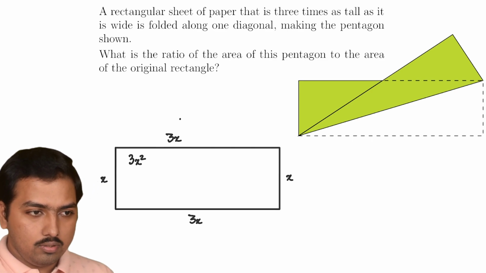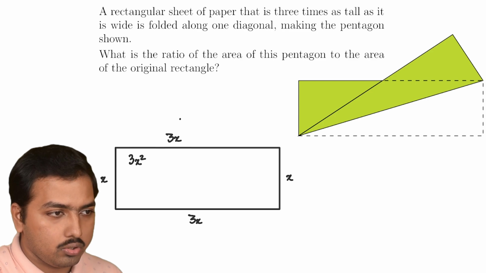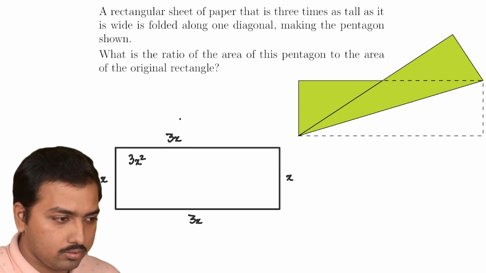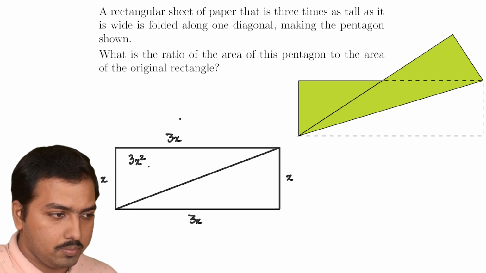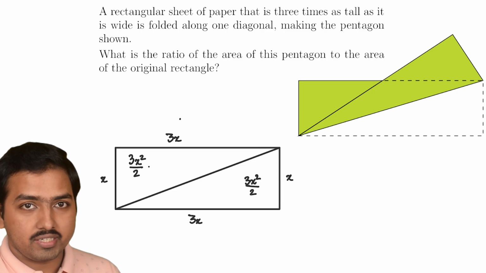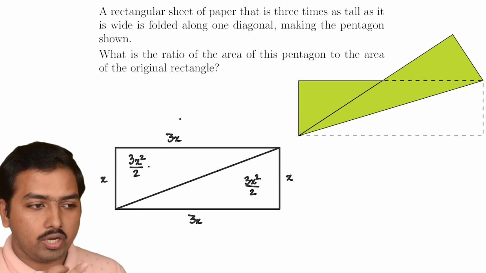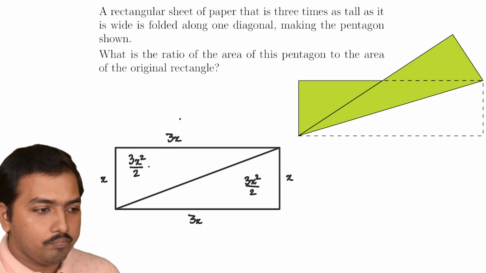Now, if we look into the diagram, we need to draw a diagonal, this diagonal. So this portion has area 3x squared upon 2, and this one 3x squared upon 2, because we know a diagonal of a rectangle divides it into 2 triangles of equal area for obvious reasons.